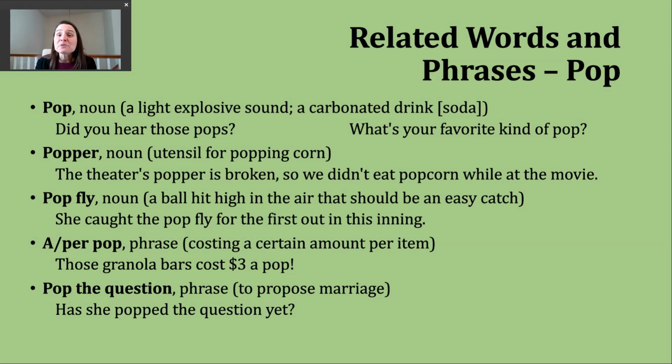Okay. Another related word you might hear is the noun popper. Many times this is used specifically to refer to some kind of utensil or tool or maybe even a machine that is used to make popcorn. An example here. The theater's popper is broken, so we didn't eat popcorn while at the movie.